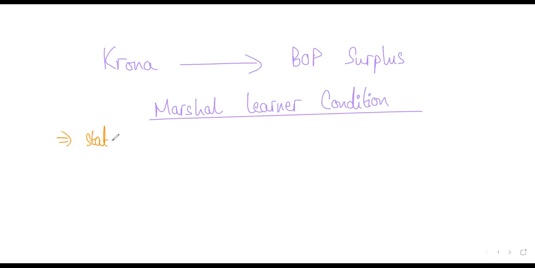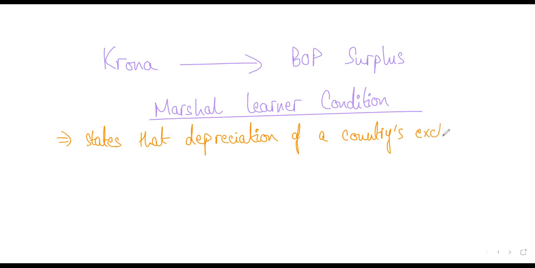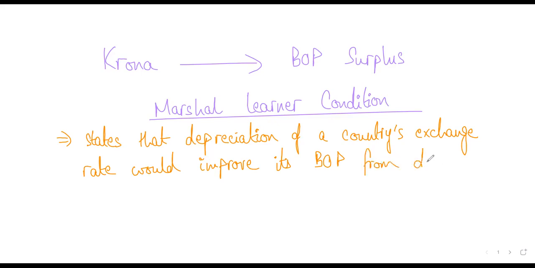The Marshall-Lerner condition states that depreciation of a country's exchange rate would improve its balance of payments from deficit to surplus, given, now this is the most important thing, given the demand for its exports and imports is more elastic.